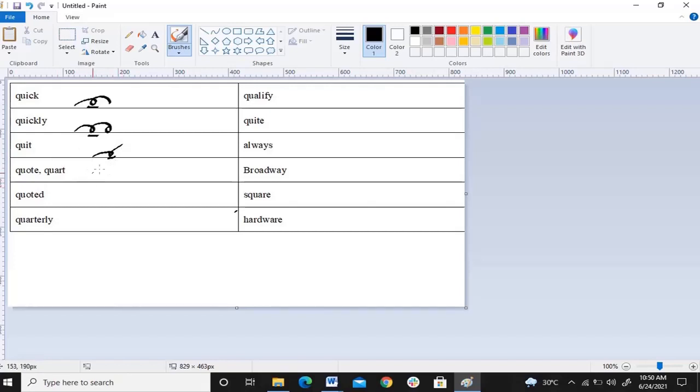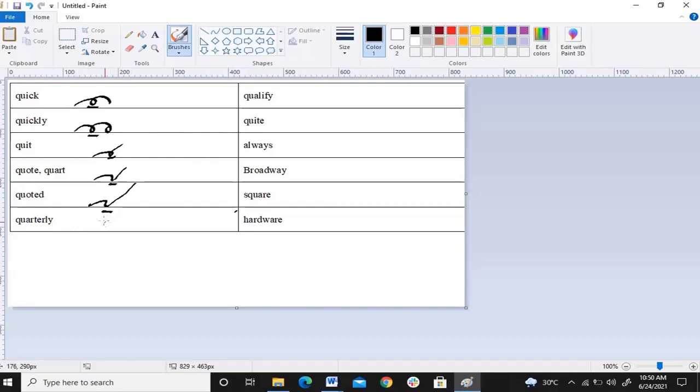Next, quote, and quart. Quote and quart have the same stroke, so we have K-O-T, and then your W there. Next, quoted. We have quoted, and then yung inyong W sound.